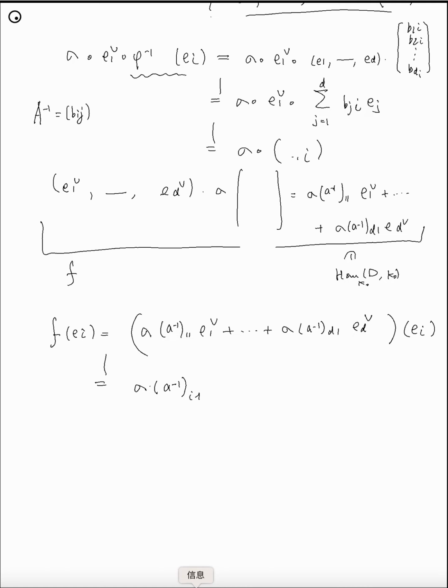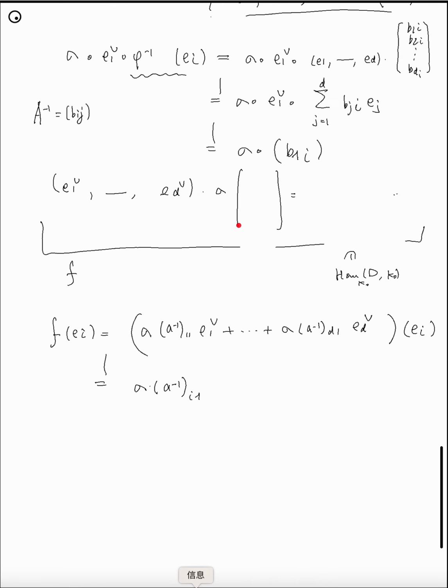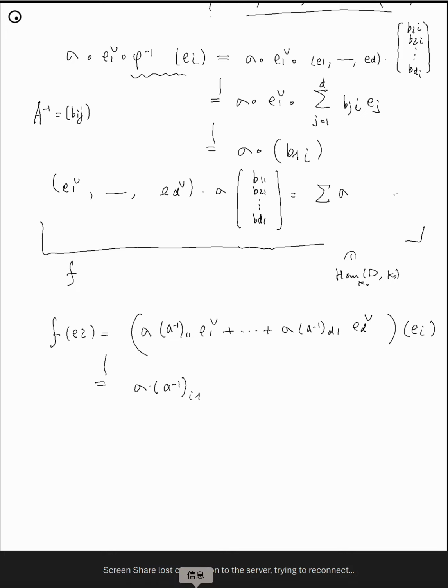What you got is B1I, and similarly here we don't use this strange notation. We're talking about sigma A inverse, as we said, this is A, and we use B. The first column is B11, B21, BD1.